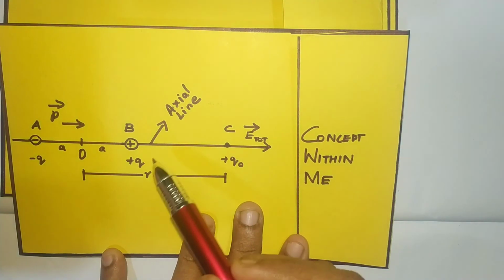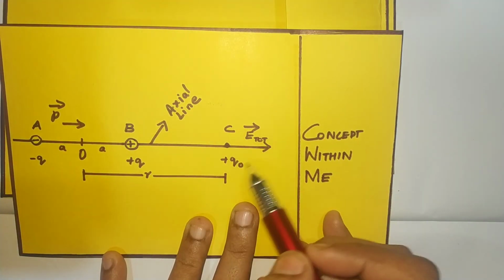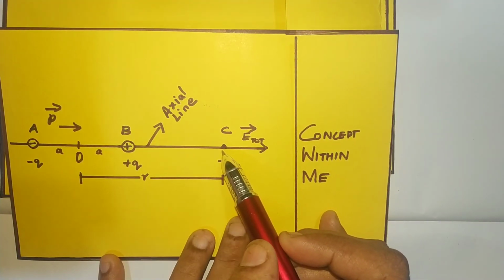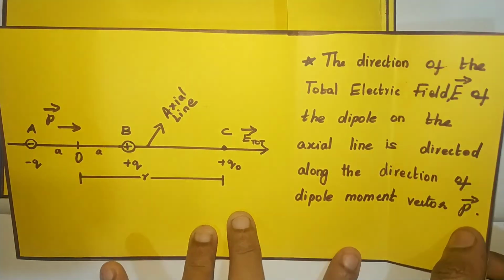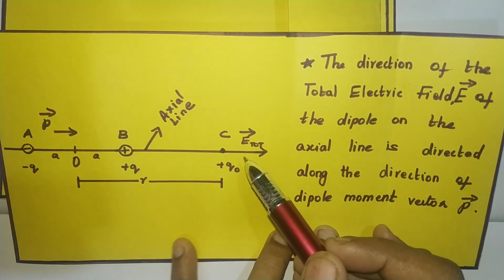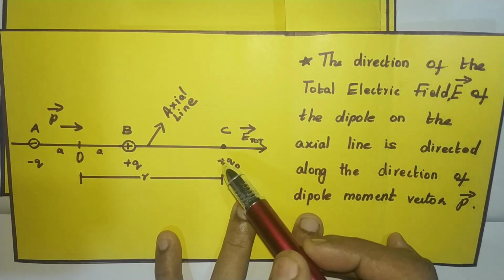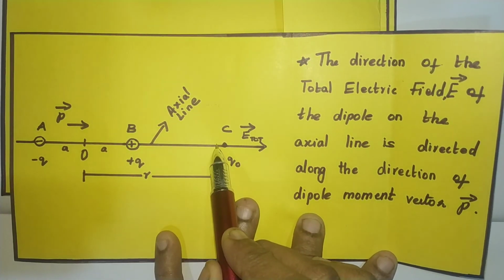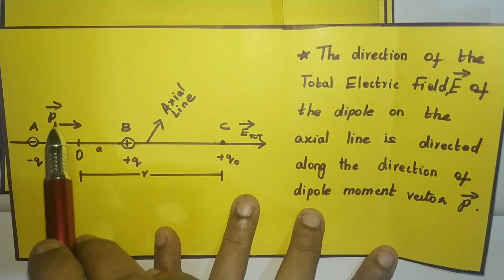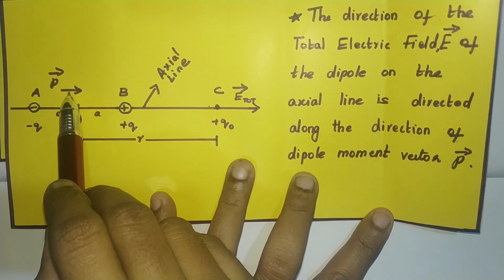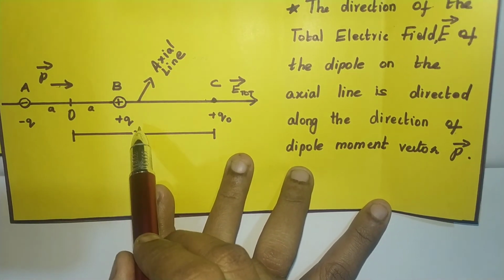Here you see, I have marked the E total vector in this diagram. What is the concept within me? The direction of the total electric field E vector of the dipole on the axial line is directed along the direction of the dipole moment P vector.